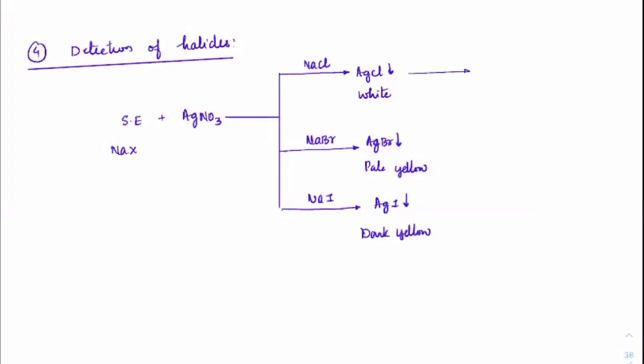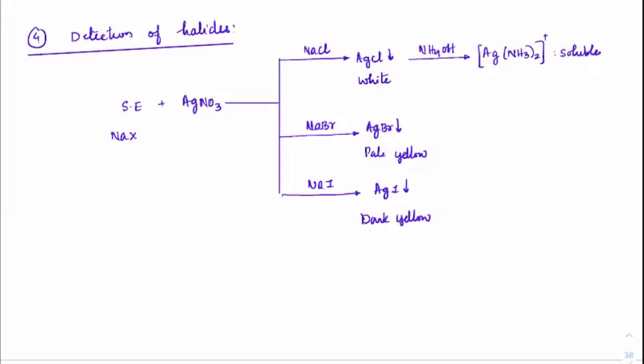Now to confirm this, once the precipitate comes, I will add ammonium hydroxide. On adding ammonium hydroxide, liquid ammonia, I will get a complete dissolved form of a complex. This means AgCl will get dissolved in ammonia and form this complex, and this complex is soluble.